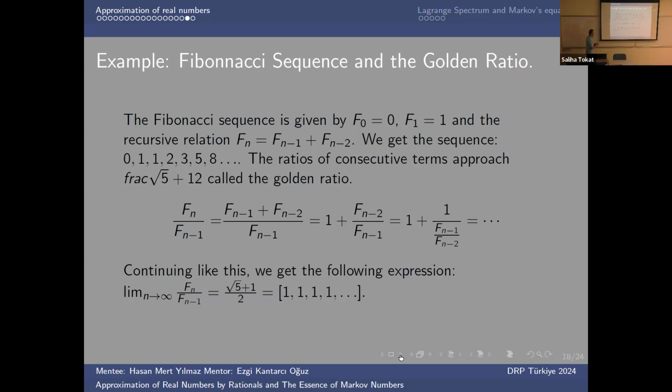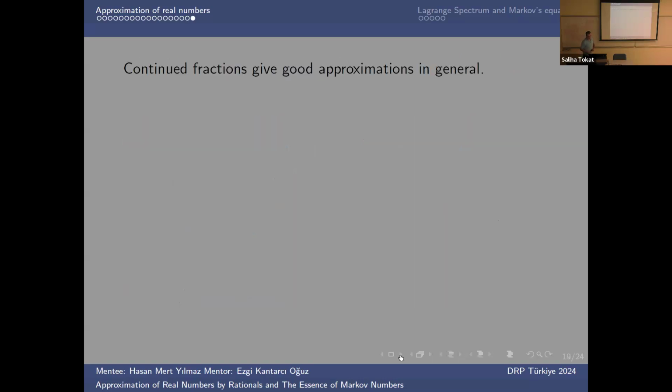Everyone realized from the textbook that the golden ratio can be calculated with a continued fraction, which gives a good approximation in general.